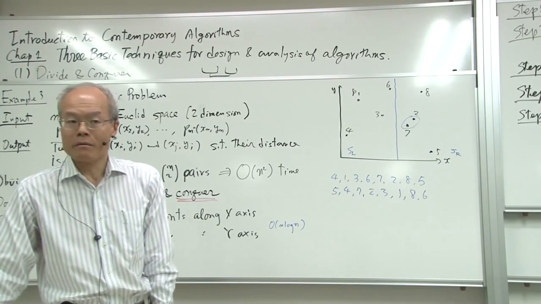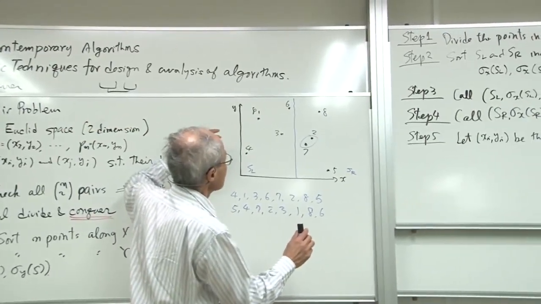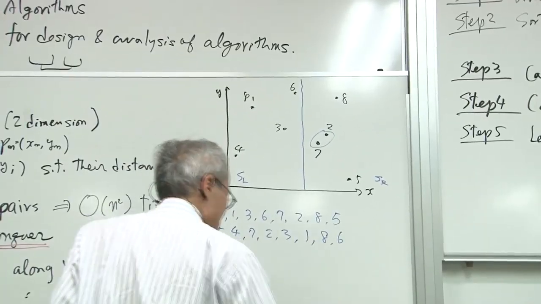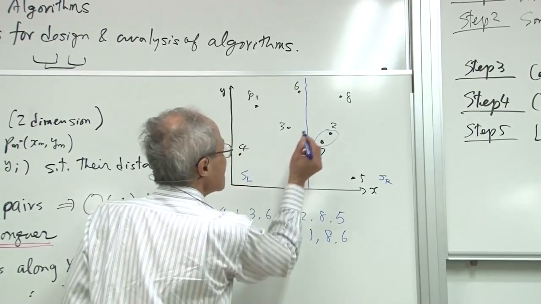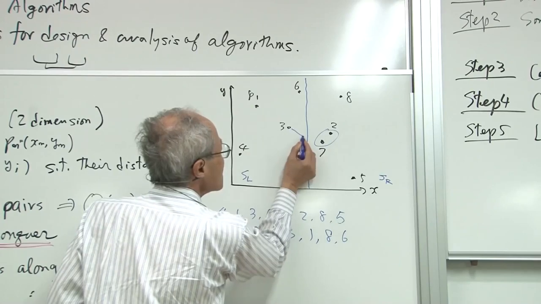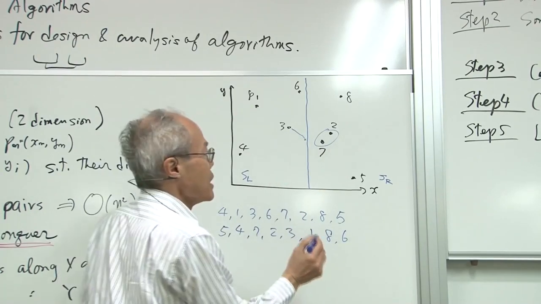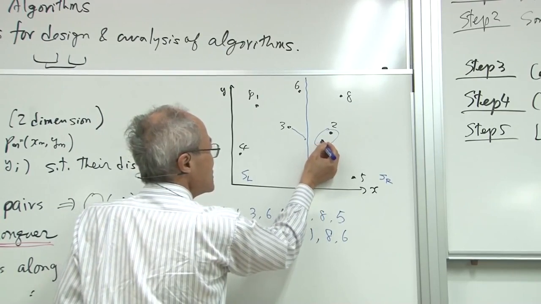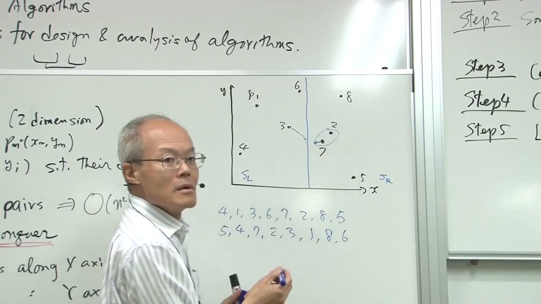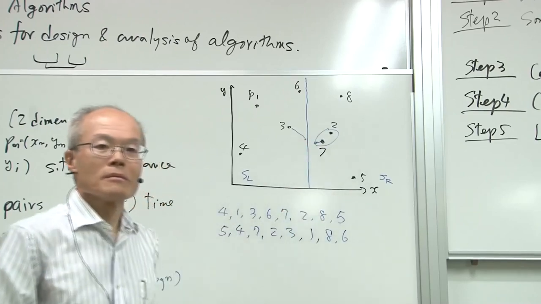Why? Just look at a different example. Just to change, let's move this point to here. And maybe this point a little bit here. Then this is the closest pair.